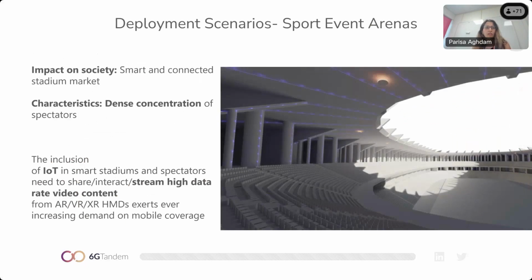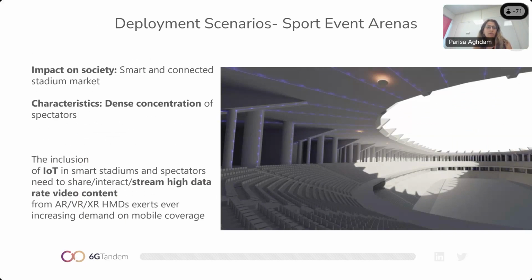The third environment has been, as I mentioned, sport arenas, and we have discussed the impact on society, that you want to have a smart and connected stadium market, which has become more and more interesting. The characteristic is again a dense concentration of spectators.